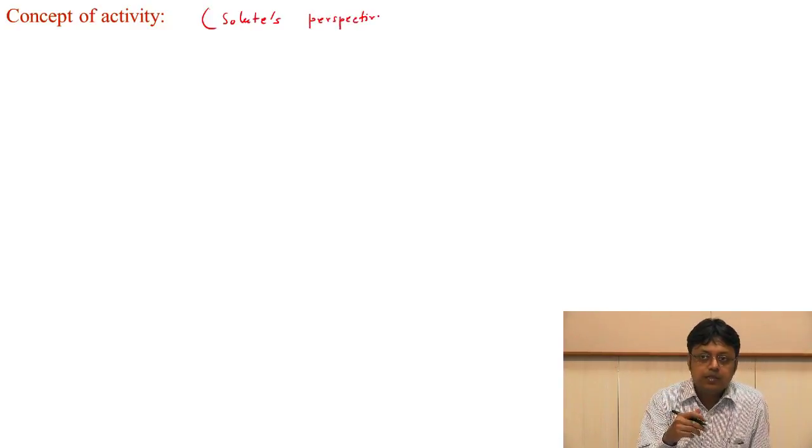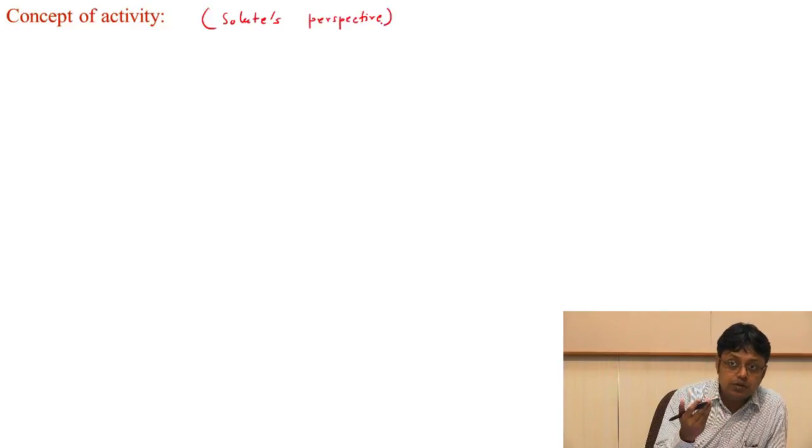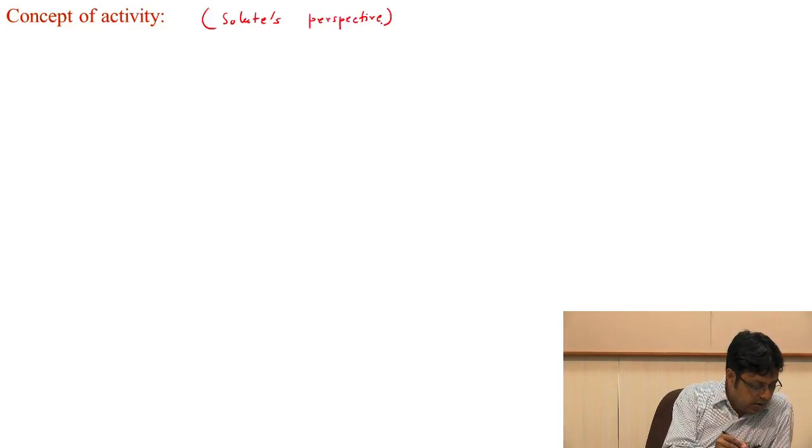Now from the solute's perspective, we know that we have to take Henry's law, and that was basically for an ideal dilute solution. And then what we are writing here is the same way.